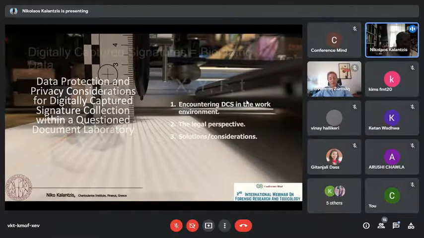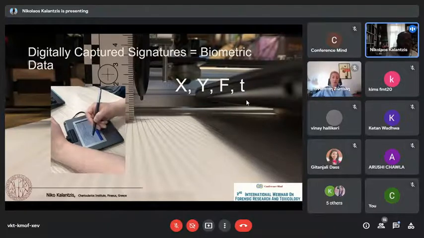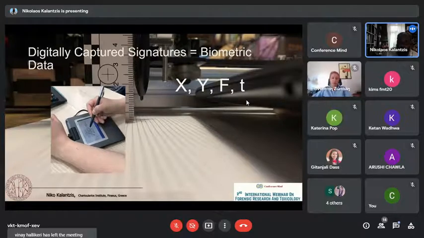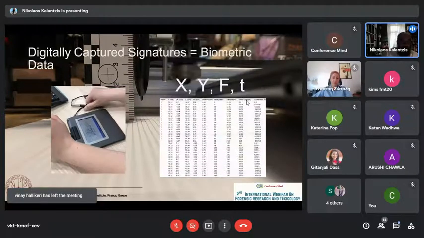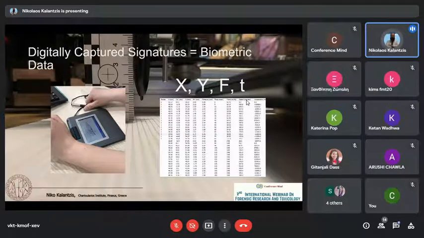First of all, to touch base with the nature of the biometric data, as we briefly introduced yesterday as well, digitally captured signatures mean biometric data in the form of X, Y, F, and time, which are numerical data.